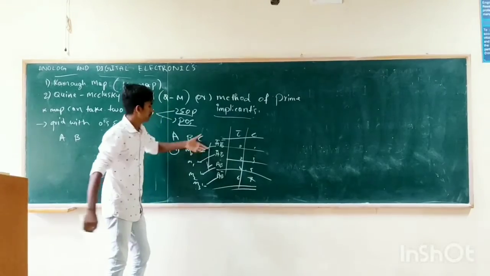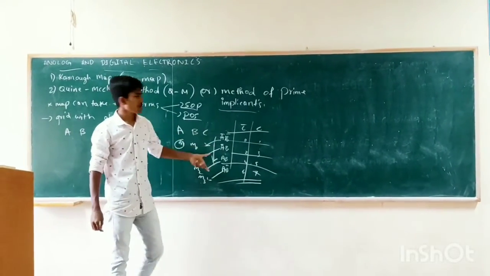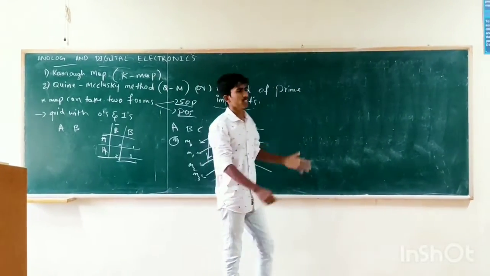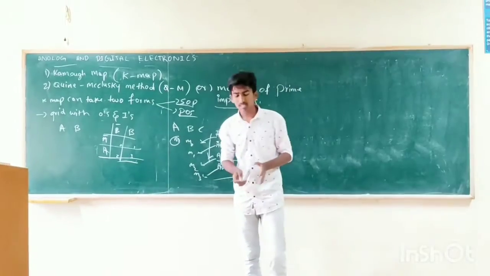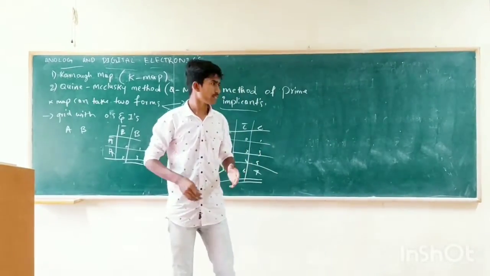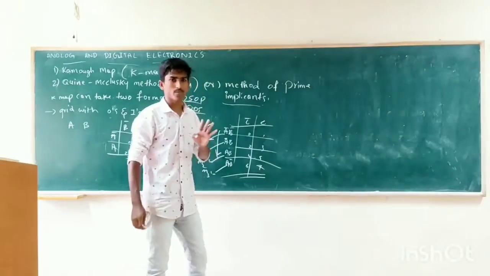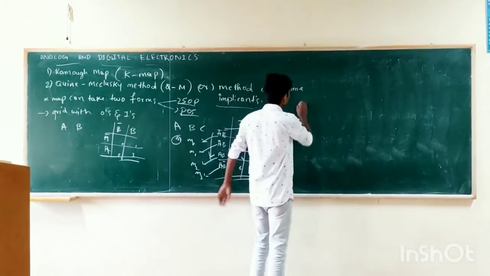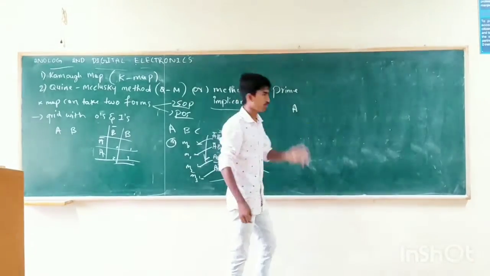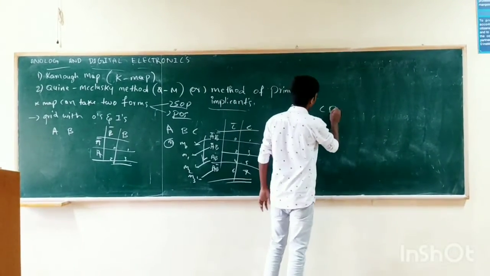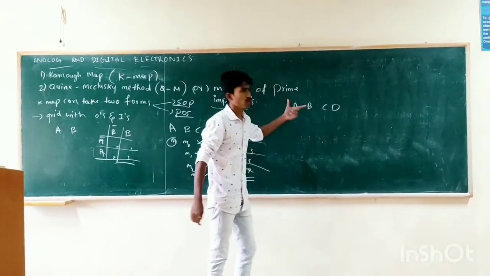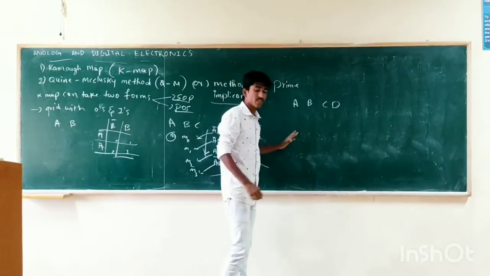Like this, we are going to write in a problem. Now for the Boolean expression having 4 variables, I will write the K-map. Let us take A, B, C, D as the 4 variables. How can we write the K-map for this?